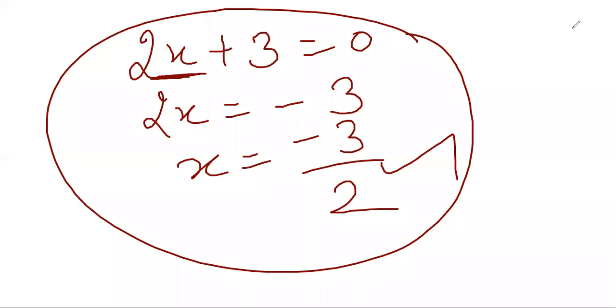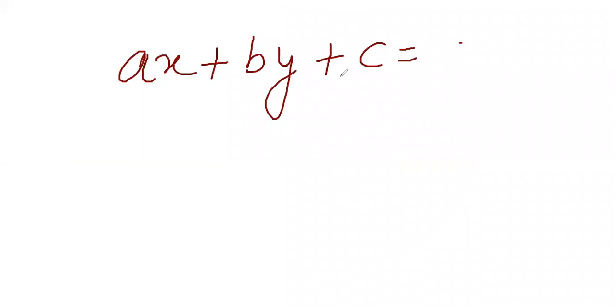Now let's come to the linear equation in two variables, which is of the form ax plus by plus c is equal to 0. This is the standard form of linear equation in two variables.